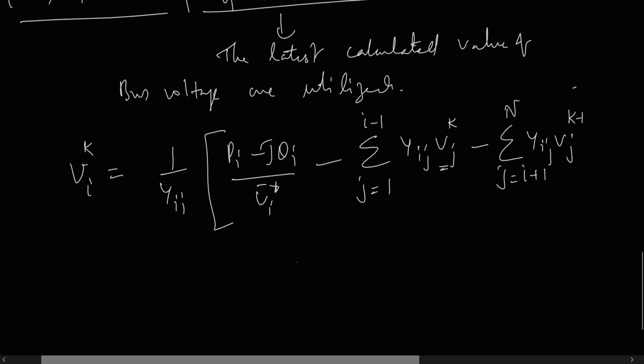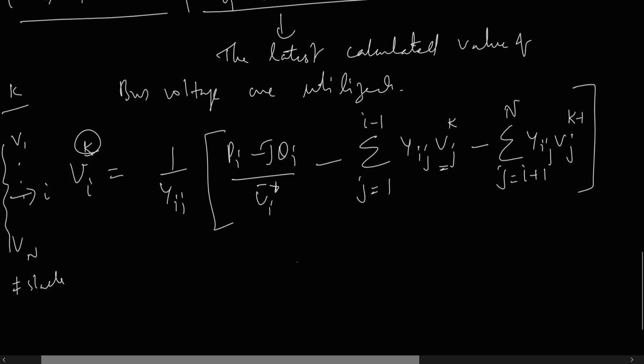Are you followed? Now in this kth iteration, I need to find V1 to Vn, but not at slack. I am finding all the voltages. Now I am at the ith voltage Vi.